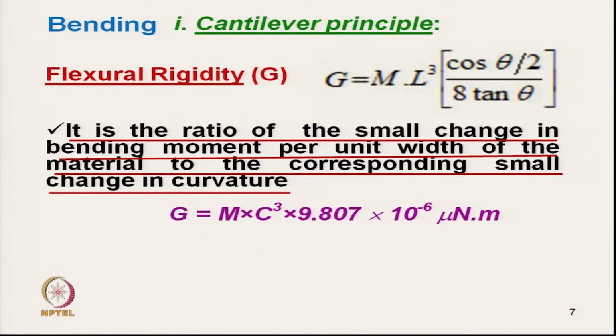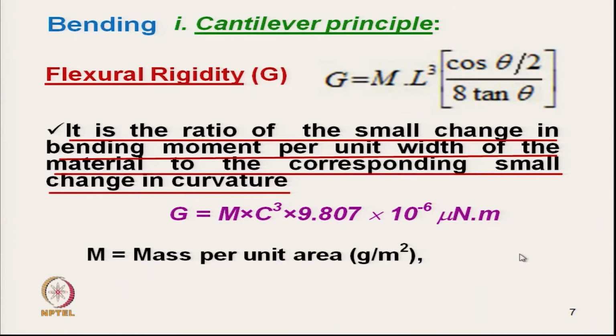And we can calculate this flexural rigidity G in micronewton meter with this formula: m multiplied by C cubed multiplied by 9.807 multiplied by 10 to the power minus 6, where m equals mass per unit area in gram per square meter, and C is the bending length in millimeter.